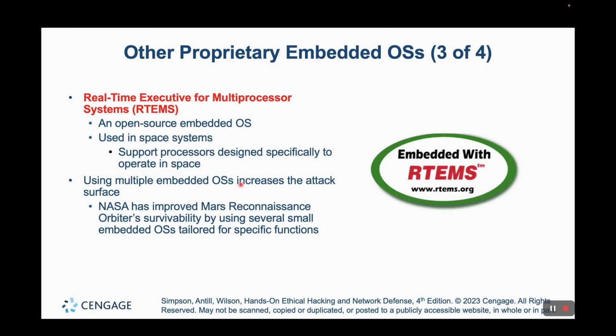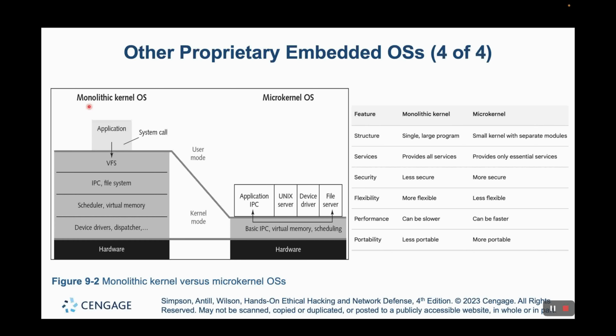Now, it's important for you to understand the difference between monolithic kernel OS versus microkernel OS. By looking at this graph here, you could see the difference in the architectural design of each one of them. Now here, in the mono one, you could see this is a large program that contains all of the operating system's code.